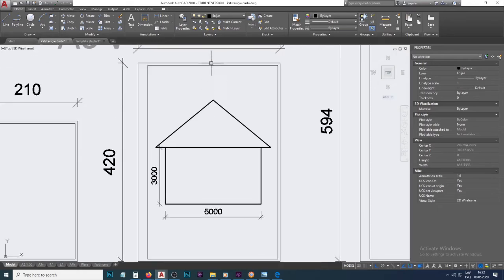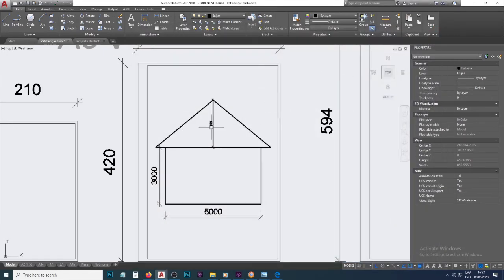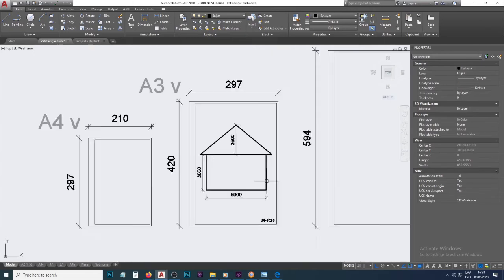And if we will miss some dimension, let's say we didn't show the height of the roof, we can take a ruler and take this dimension, 100 millimeters. And now we can take calculator and multiply those 100 millimeters 25 times, and we will have 2,500 millimeters or 2.5 meters, like this.